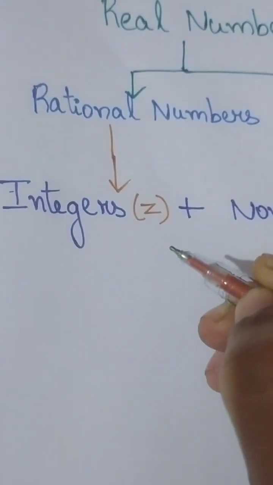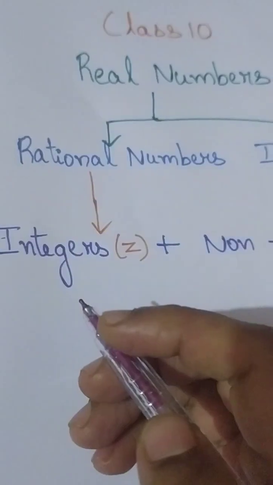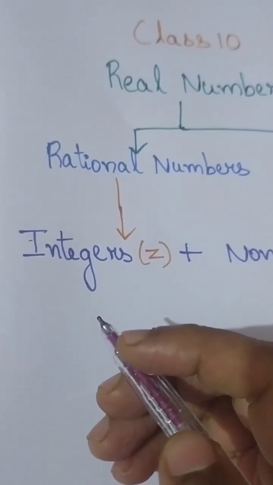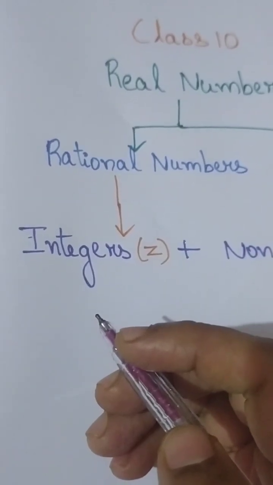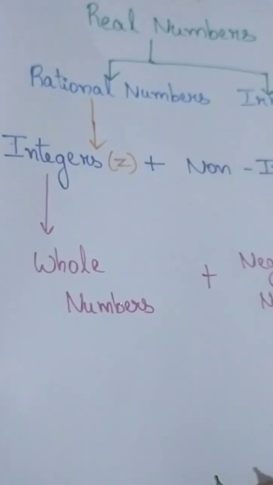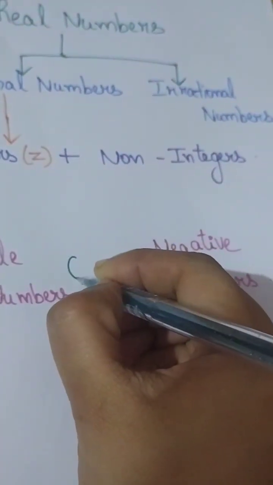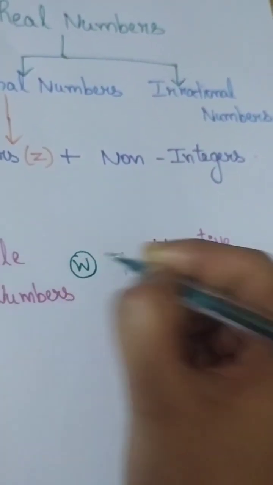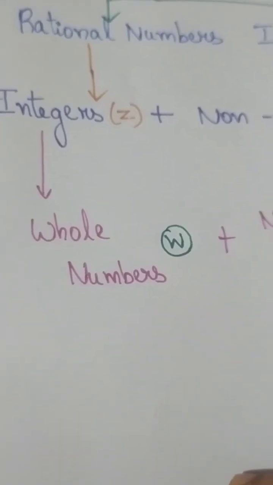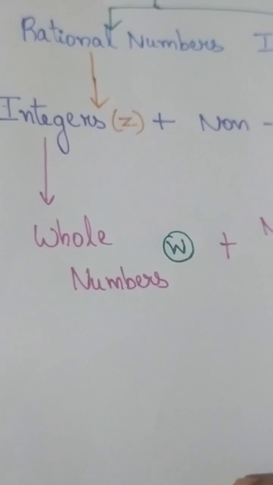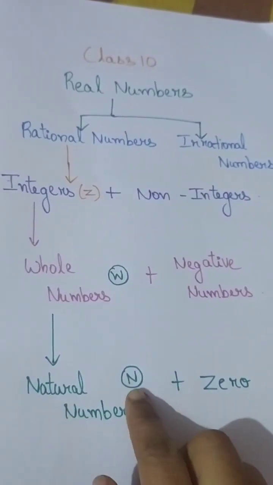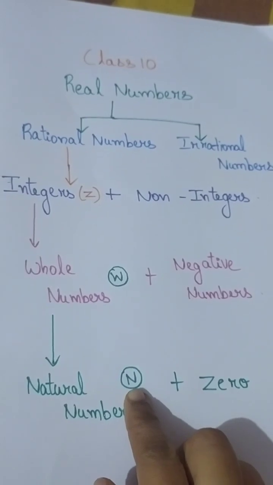Integers we represent as Z. Integers are further divided into whole numbers plus negative numbers. Whole numbers we represent as W. Whole numbers are further divided into natural numbers and 0. Natural numbers are represented as capital N.